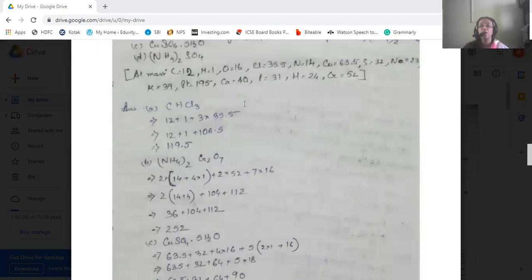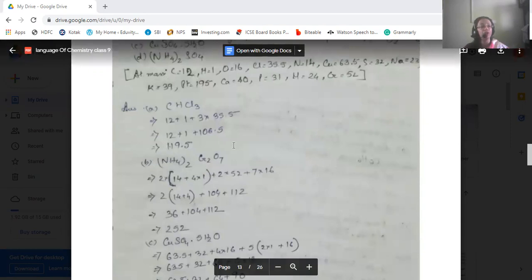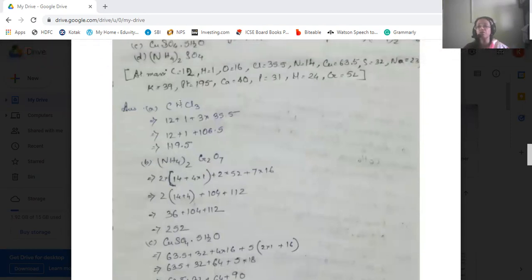The first one is CHCl3: carbon has an atomic mass of 12, hydrogen 1, and chlorine has 3 atoms, so 3 into 35.5. The answer comes to 119.5, so the relative molecular mass of CHCl3 is 119.5.